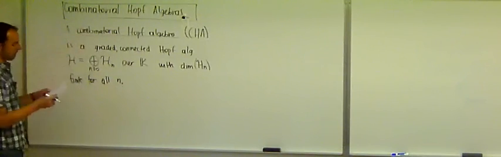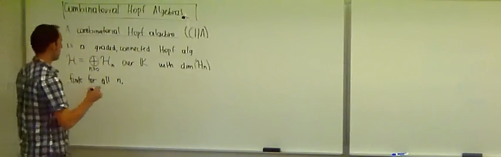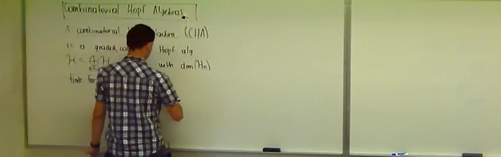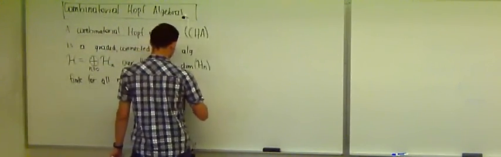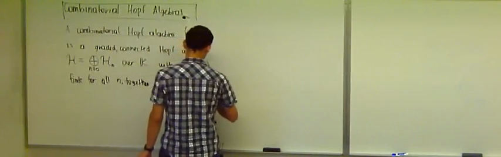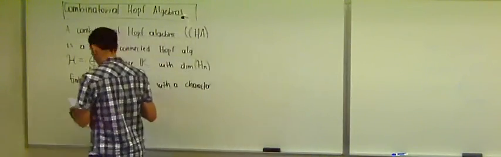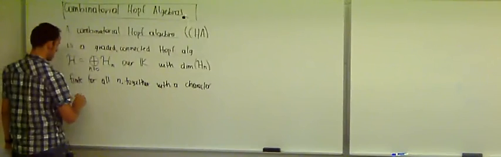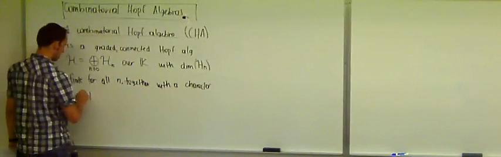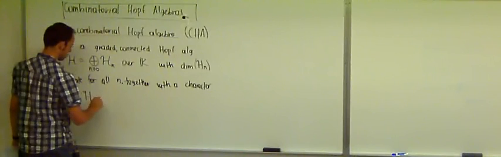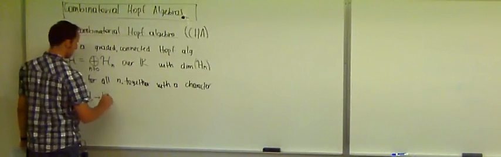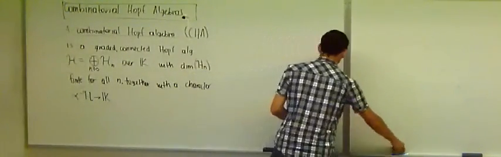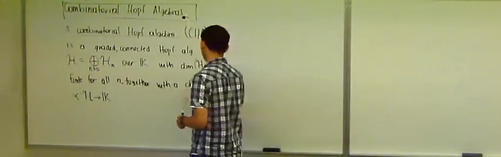But to be a combinatorial Hopf algebra, you need to have a choice of a character. A character alpha from H to your ground field. Remember that a character is nothing more than a multiplicative function.